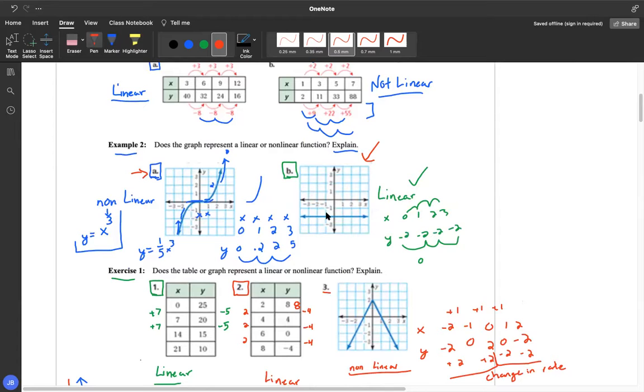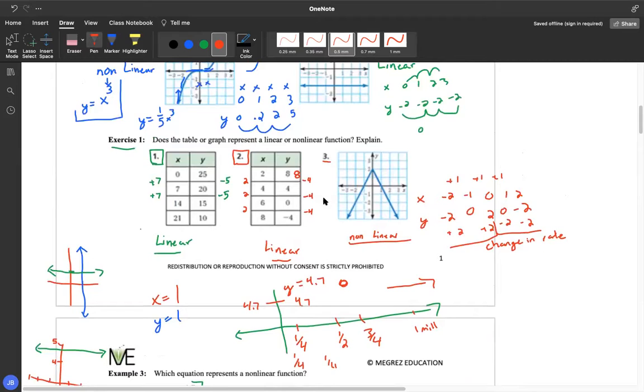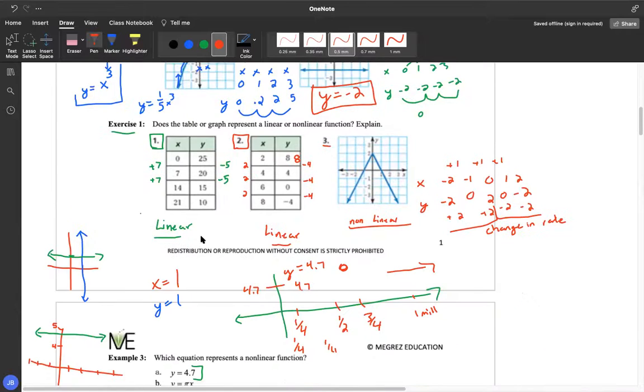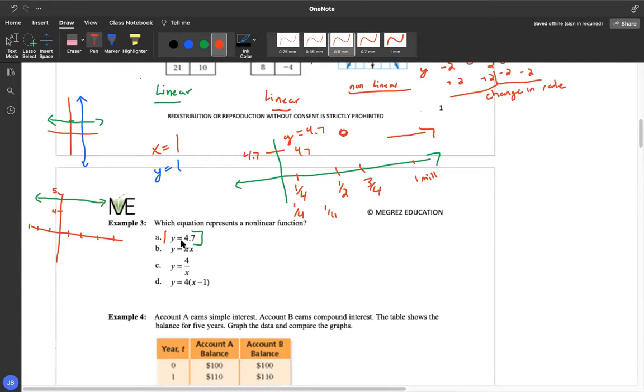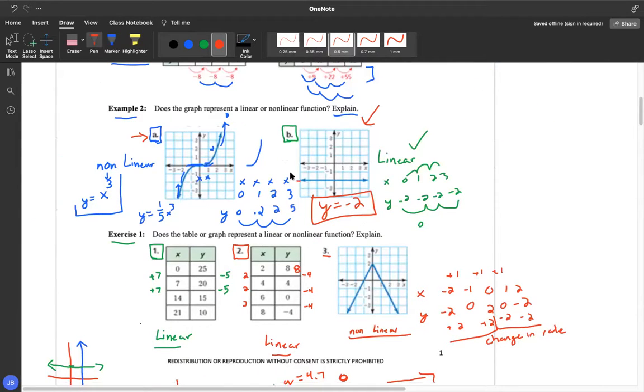So this graph has an equation of y equals -2. Now, if we're going back down to this one, this is y equals 4.7, right? So instead of being at -2, this line is just going to go up to 4.7, but it's still going to be the same. It's going to be all the way across.